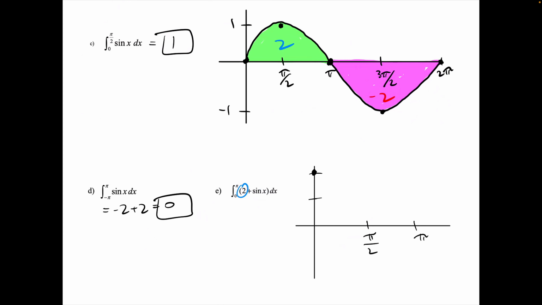Where is it at? At 3. It moved up 2, so it's going to be at 3. Pi is not at 0. Is that 2? It's at 2, right? Still has the same curve, right? That same green curve is here.